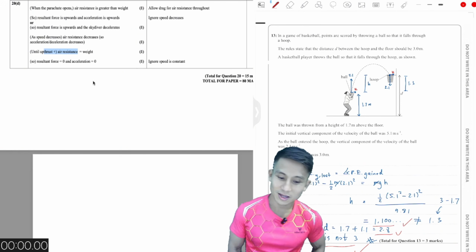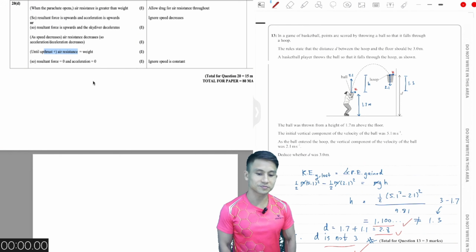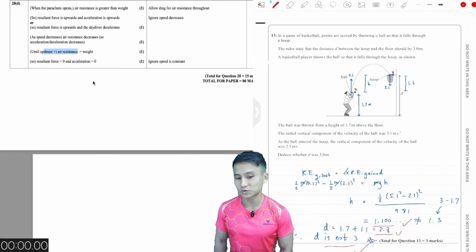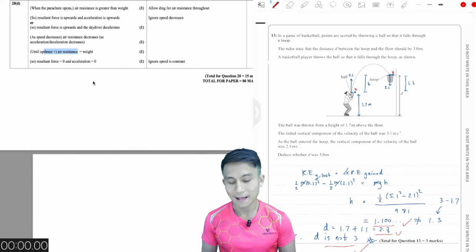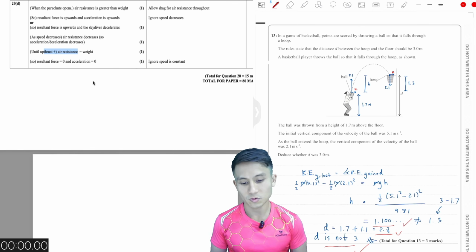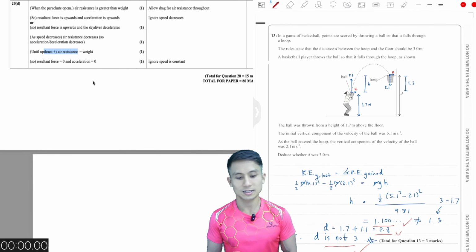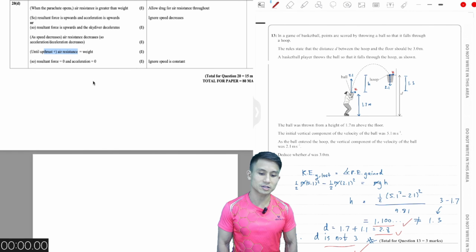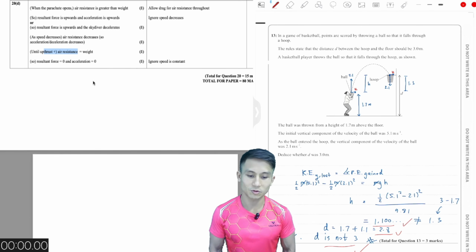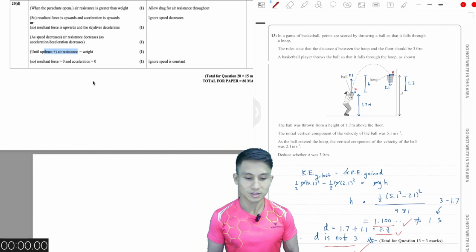Yeah, this one, right? I mean, if you use SUVAT, would it have worked? Well, yeah, you would have got the distance traveled there, which is 1 point.